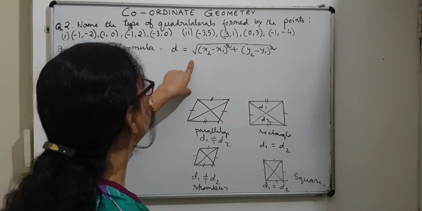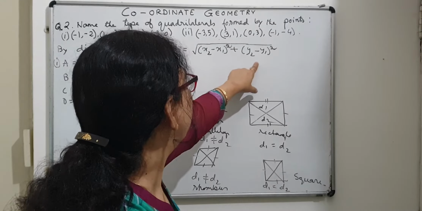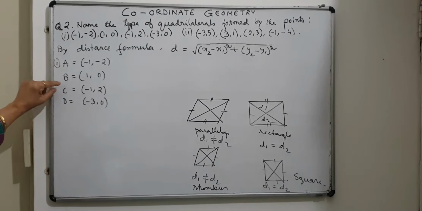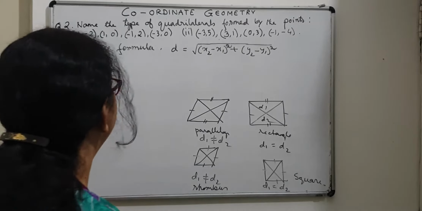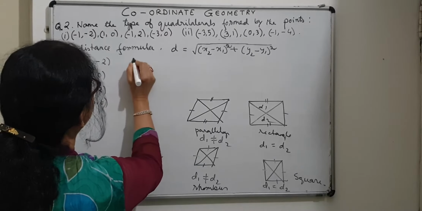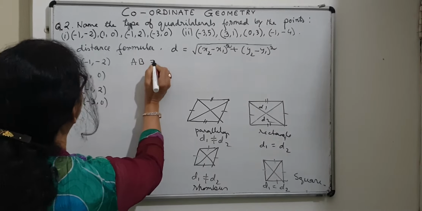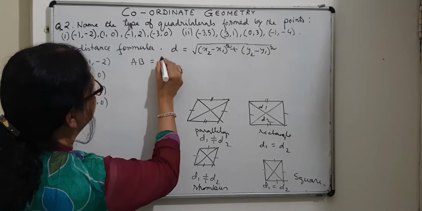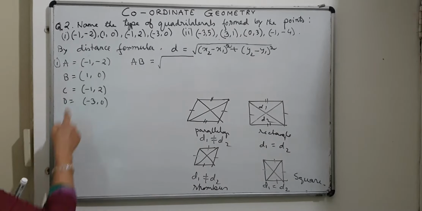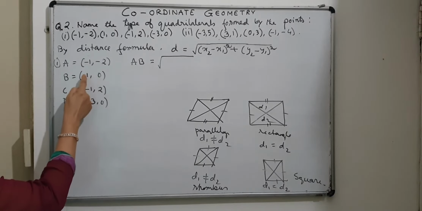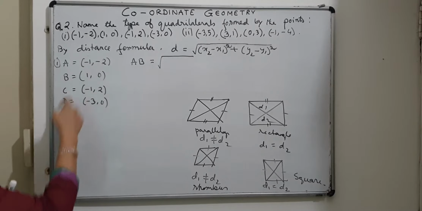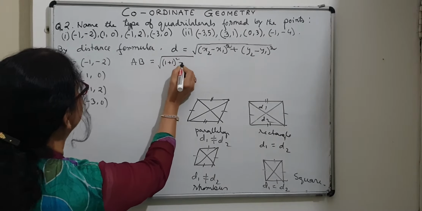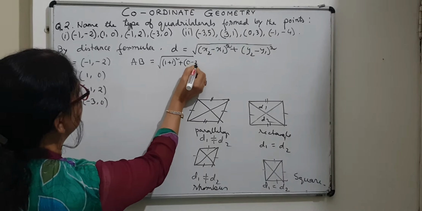So you see from this question only, with the help of the distance rule, I will be able to find the distances AB, BC, CD, DA. This I have to find out. So let me first find AB by the distance formula. We take these two, you see, under root: the difference of this, 1 plus 1, so 1 plus 1 whole squared plus 0 minus 2 whole squared.